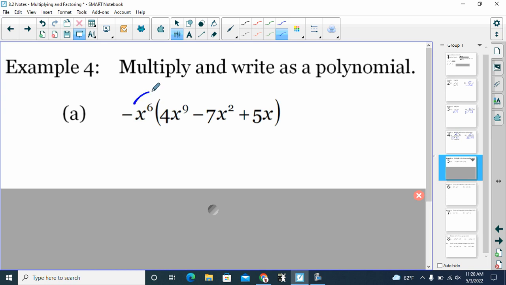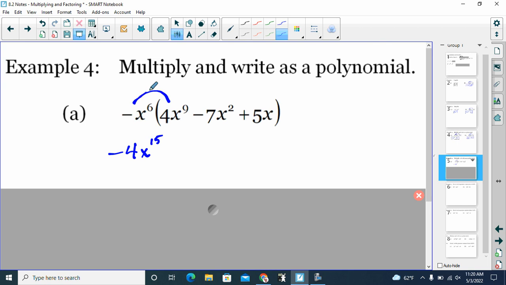So we're distributing. Negative times positive is minus. 1 times 4 is 4. x to the 6th times x to the 9th. We add the exponents. 6 plus 9 is 15.